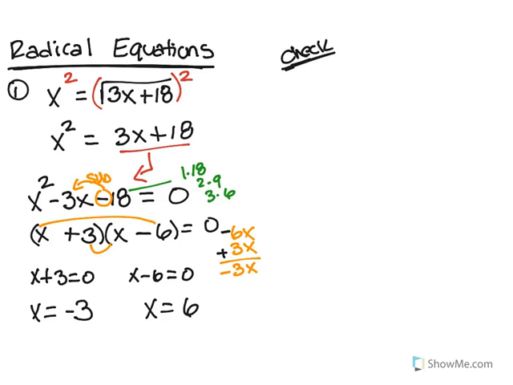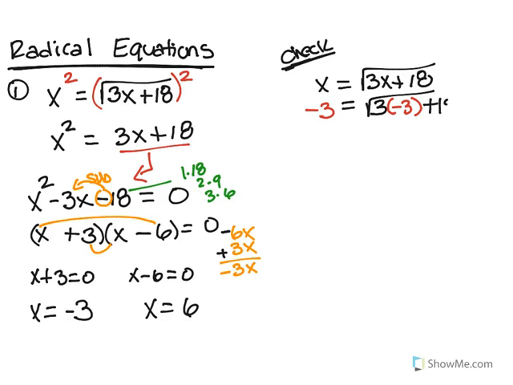Now let's put it up. Check. So if I check negative 3, you go right back to the original, and where x is, you're going to plug in negative 3. Now, by me writing this, I already know that don't check.